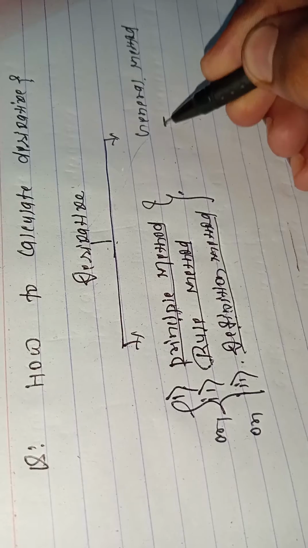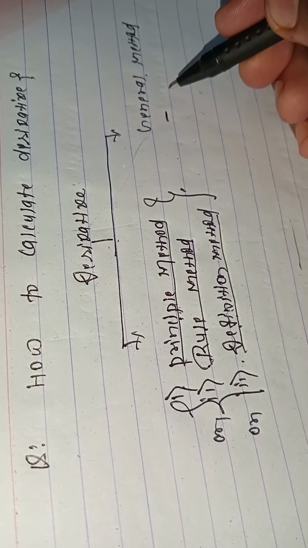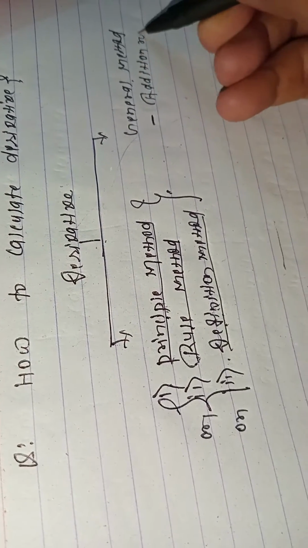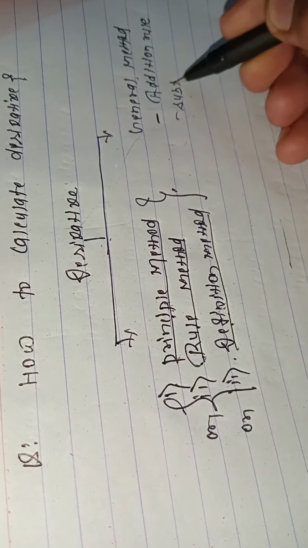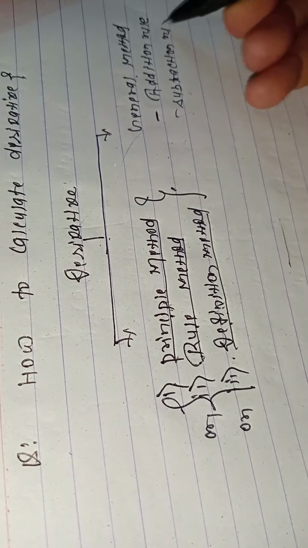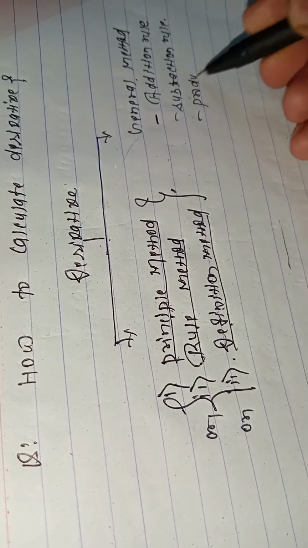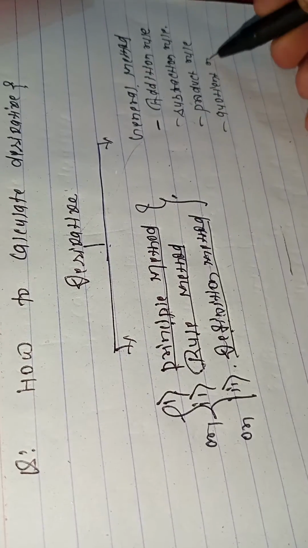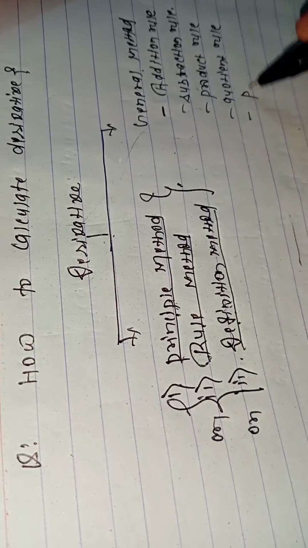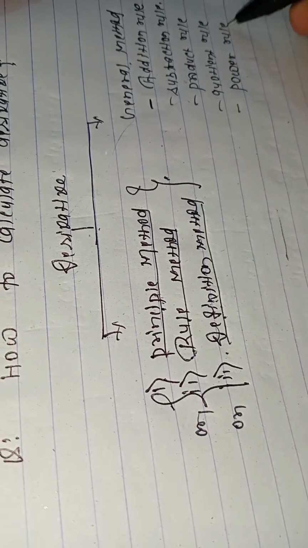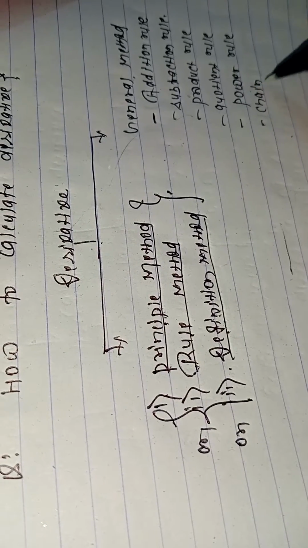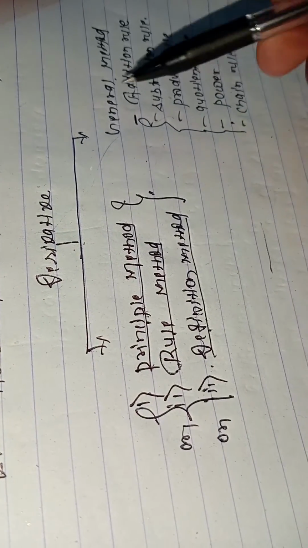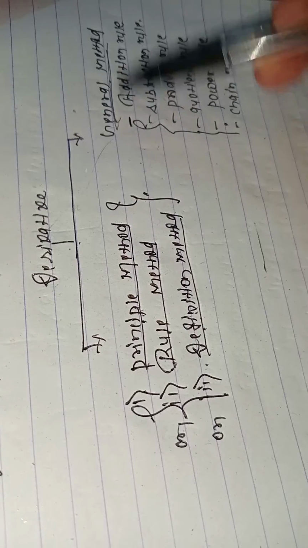In the general method, you have to remember that you should use techniques like the addition rule, subtraction rule, product rule, quotient rule, then power rule, and chain rule.